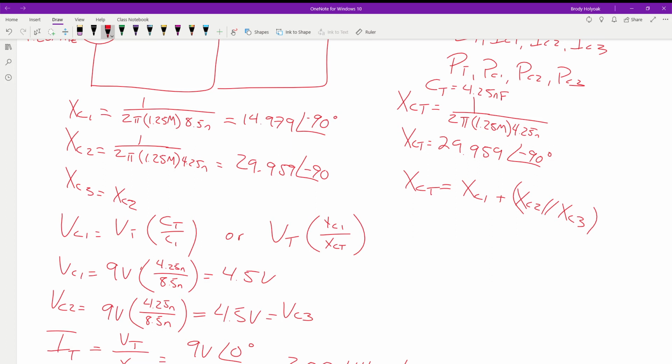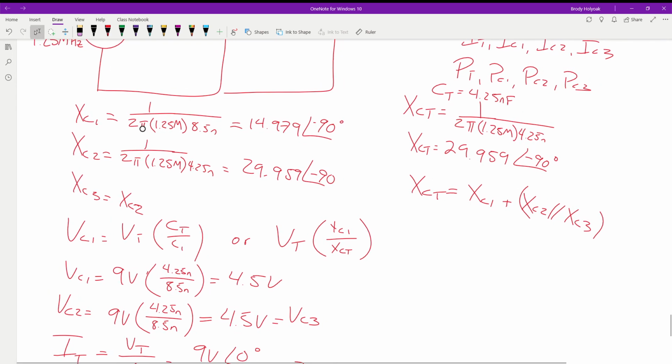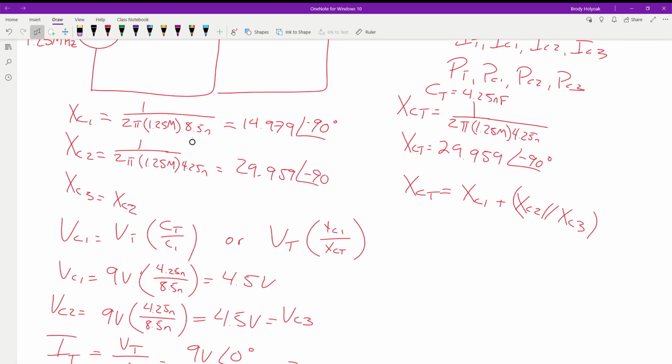So for XC1, we plug in 2 pi times 1.25 meg times 8.5 nano, and we get 14.979. Then we look at XC2 and XC3, which are both the same, with the same frequency and same capacitance. So we plug in 2 pi, our frequency, the 4.25 nano, and we get 29.959.